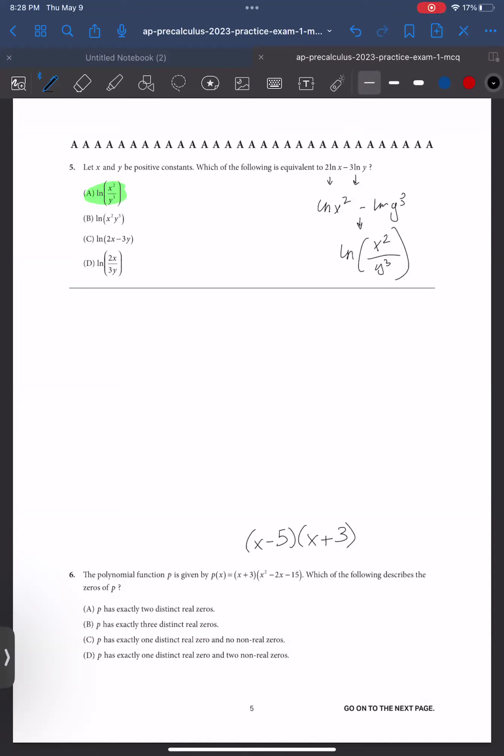It is A. Damn, that's crazy. A, because Frank, I already have an x plus 3, so x plus 3 is already there. It's repeated. And this is saying p has exactly 3. You were thinking of 3 distinct, but they're not distinct because I have a multiplicity of 2 for the x plus 3. What does a multiplicity of 2 mean? That it does what on the graph?